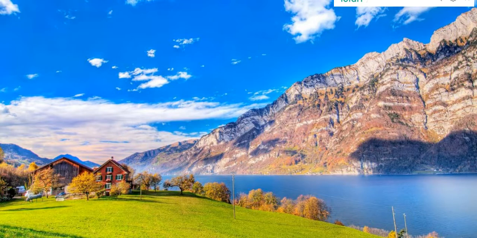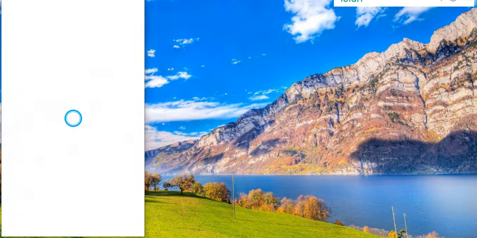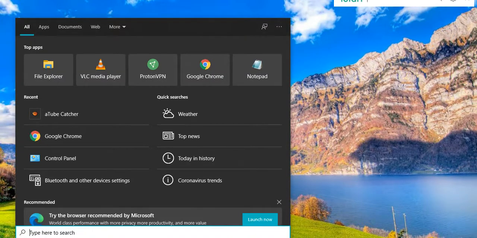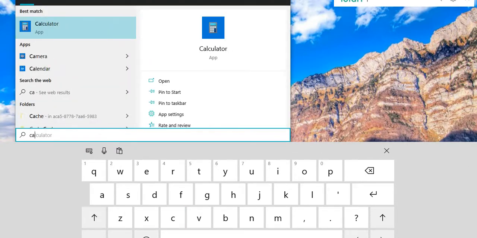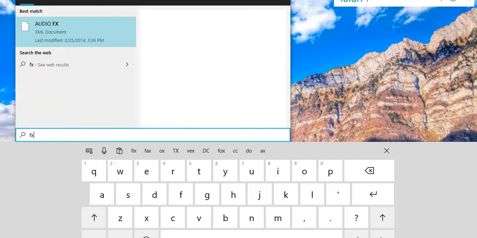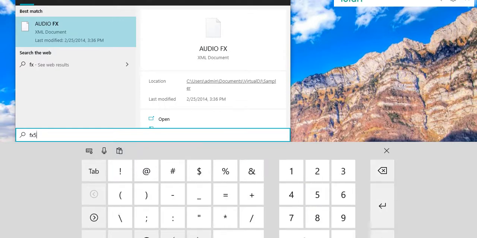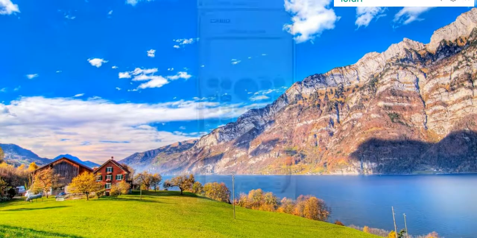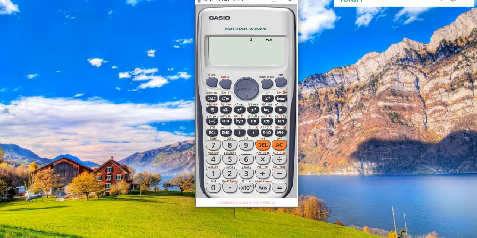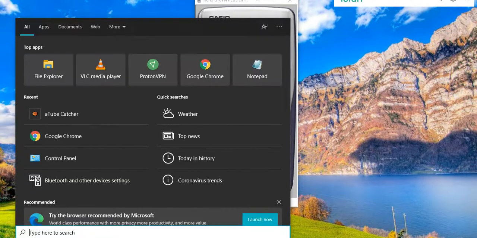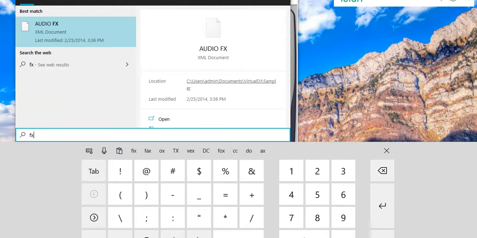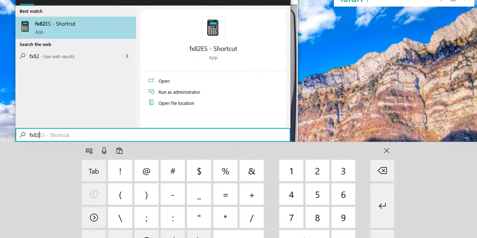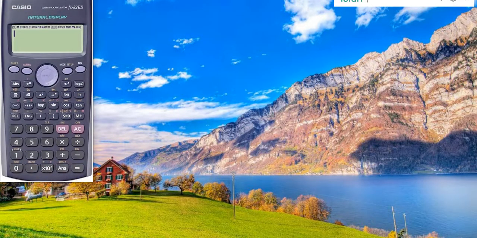So let me just look for a calculator. No, let me just use the normal calculator, the one that most people use.